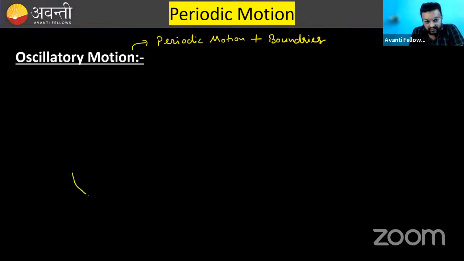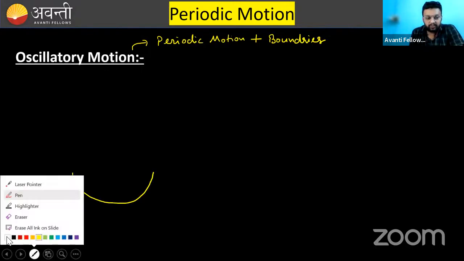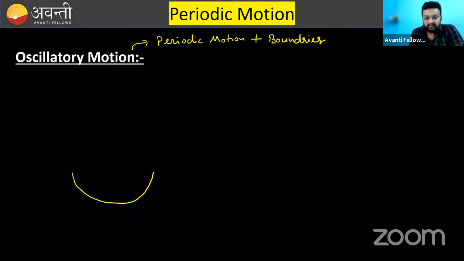Suppose there is a hemispherical surface like that, and this surface is very smooth. Clear? The surface is smooth, hemispherical, and you drop a ball from here. From this point, you dropped a ball. What will happen? This ball will move along this path, pass through this point, and will reach the same height.